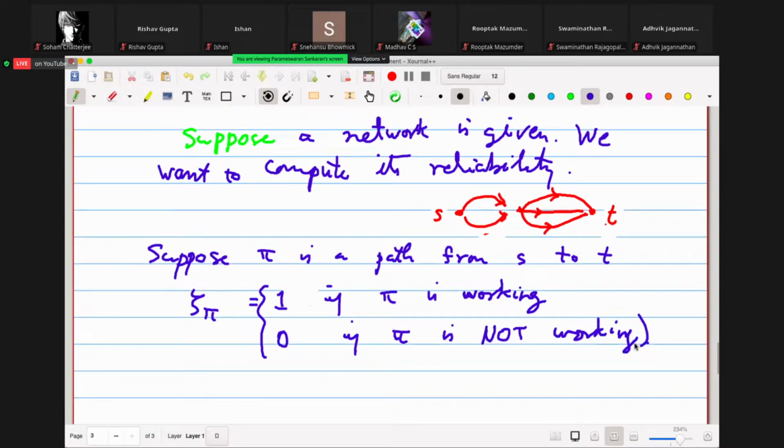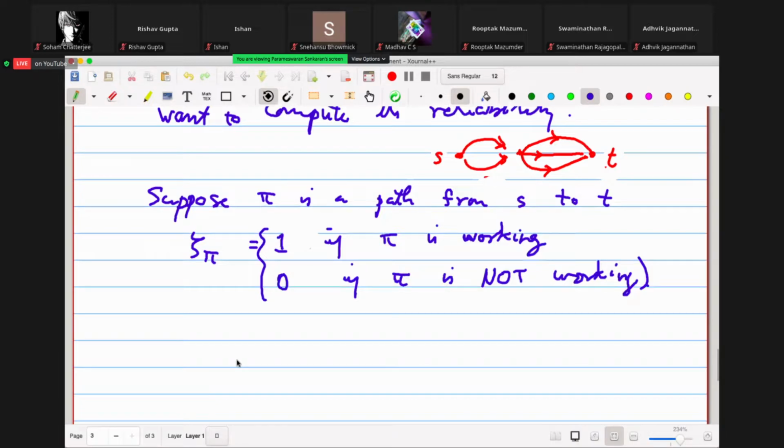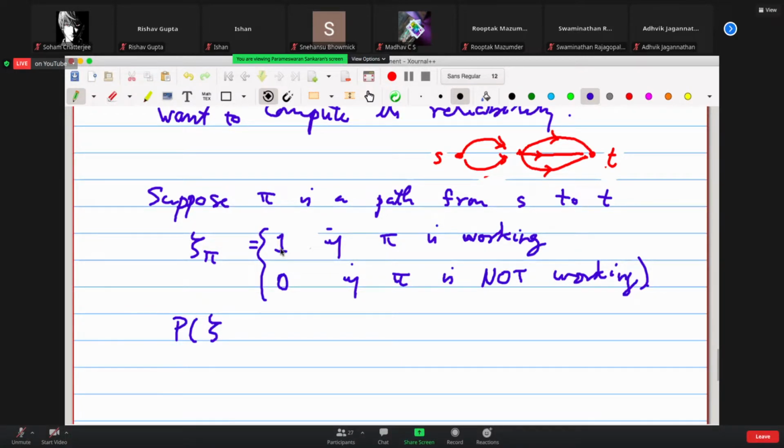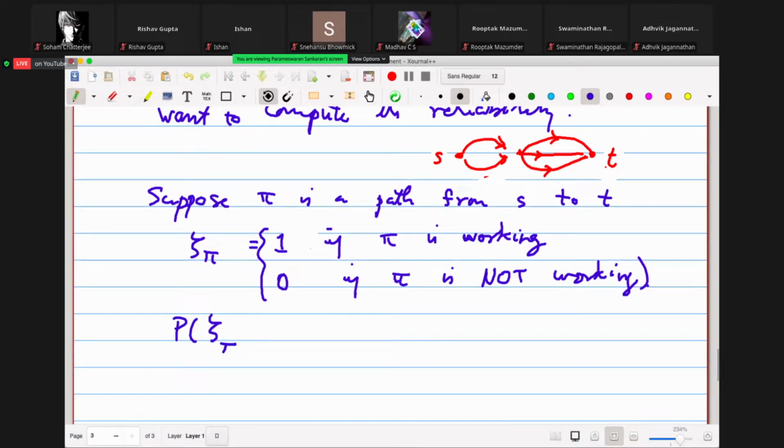I think what I said earlier is not quite right. Let us compute the probability that pi is working. Because this takes value either 1 or 0, let us write this: the probability that this is equal to 1 is what we want to compute.